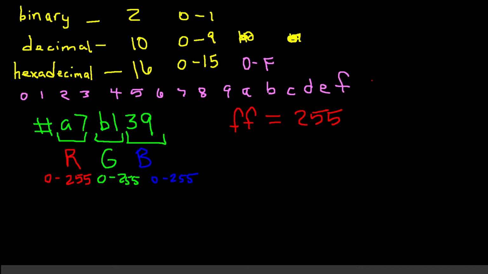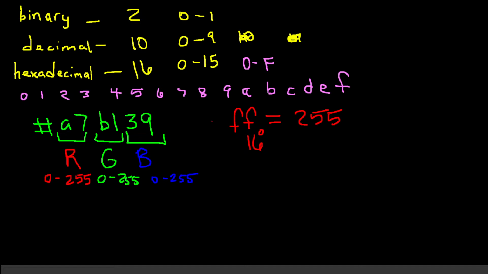So how do we get that value? We get that value because it is a hexadecimal number. And we talked about place values in doing this kind of math before. If we look at any kind of number, the first place in that number is always the base to the power of 0.